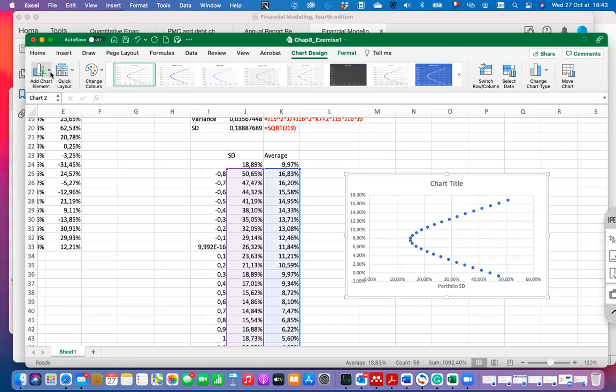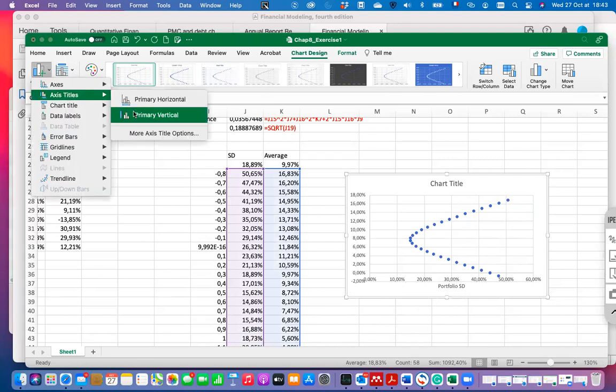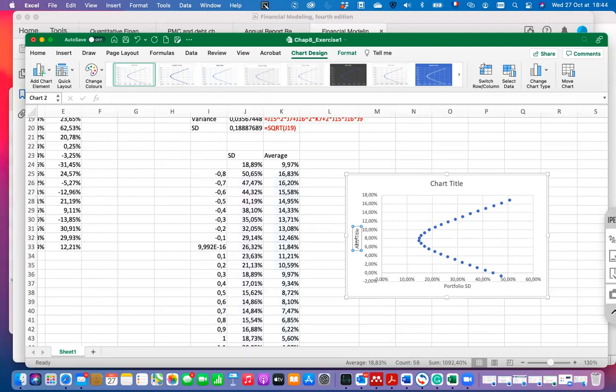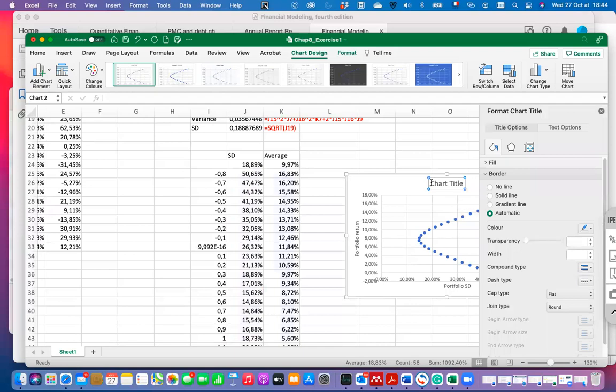Can also add, so one is portfolio return, and we can add efficient frontier.